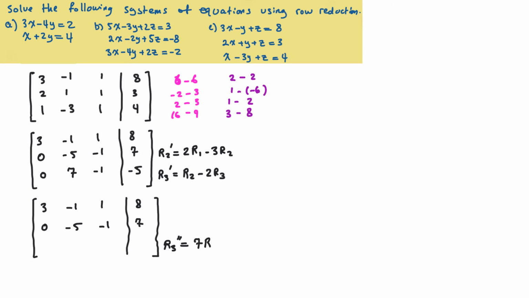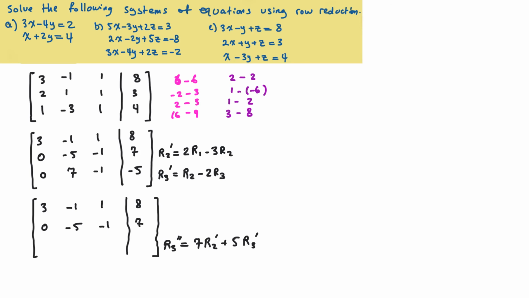So 7 times R2. And the row 3 needs to be multiplied by 5 here. So that's 5R3. And in order to get 0, I have to add them. So that would mean 7 times negative 5 plus 5 times 7. So I will put an addition mark here.